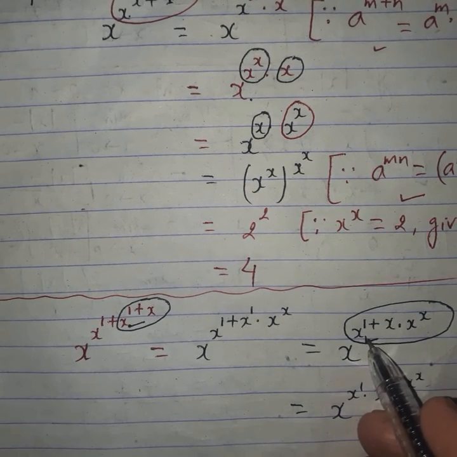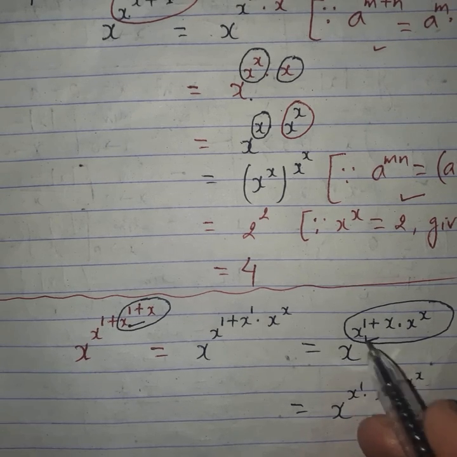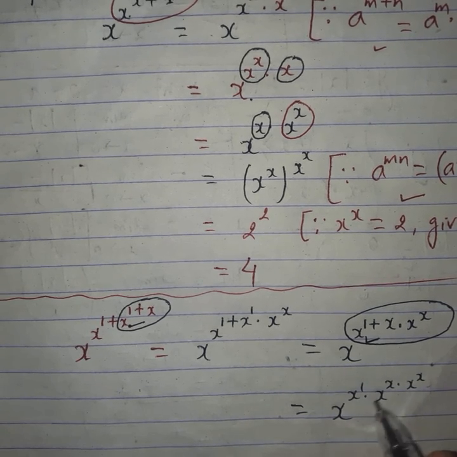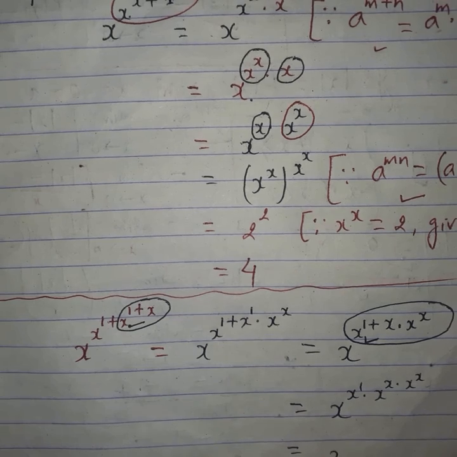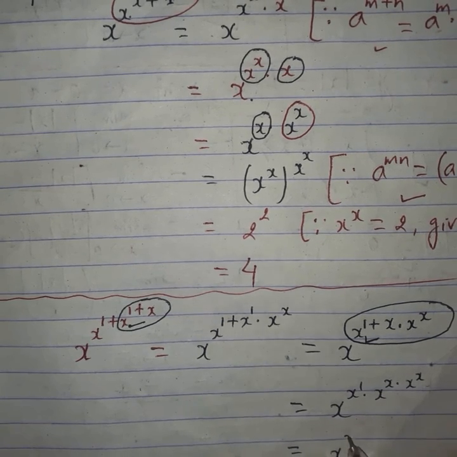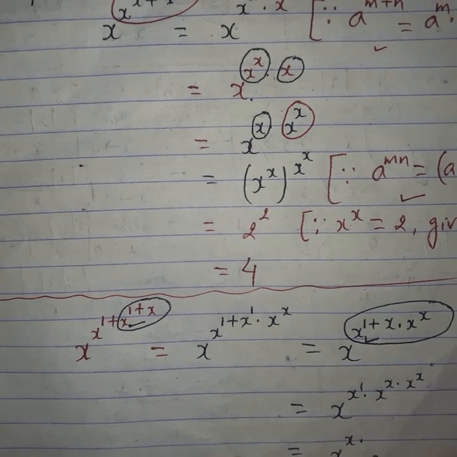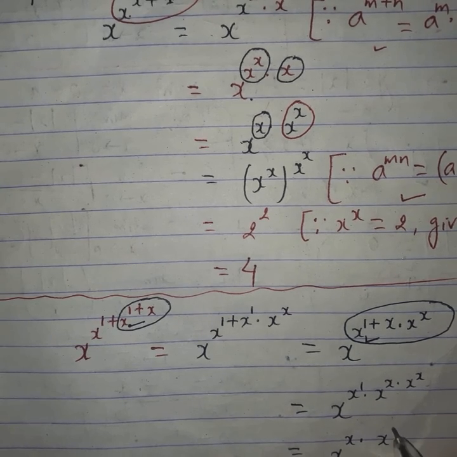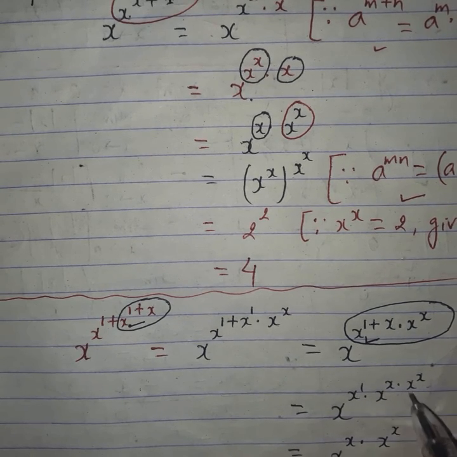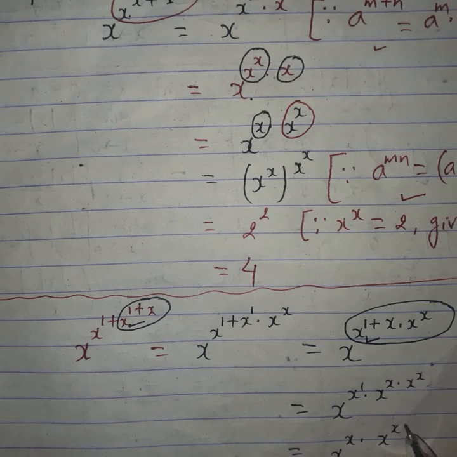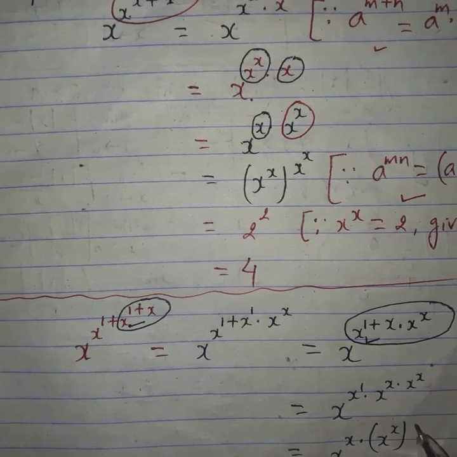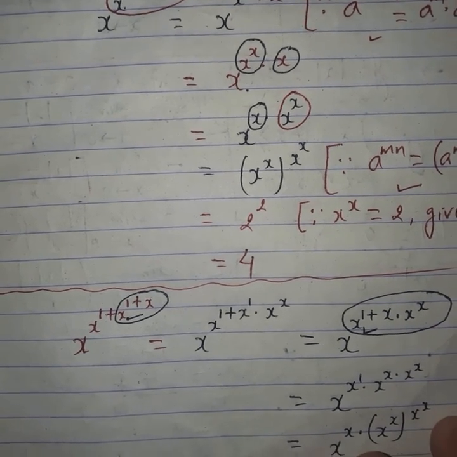Here we just split the powers for this x, and this is simplified as x to the power of this x times x to the power of x, which is again raised to the power of this x to the power of x.